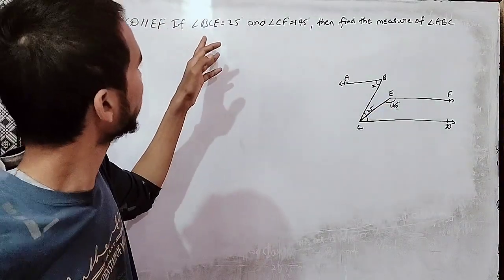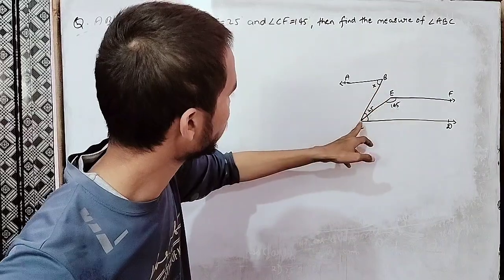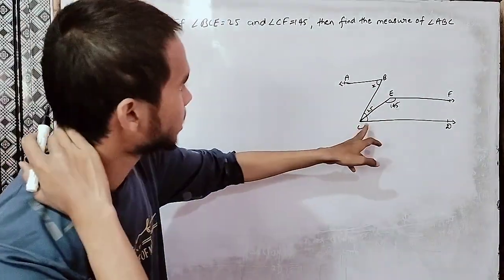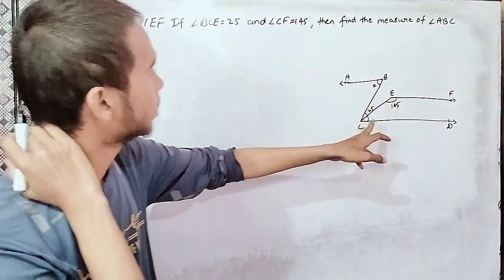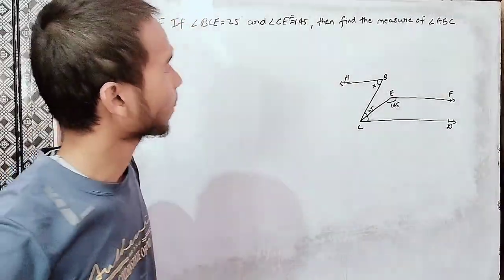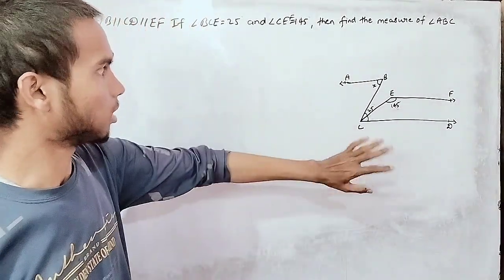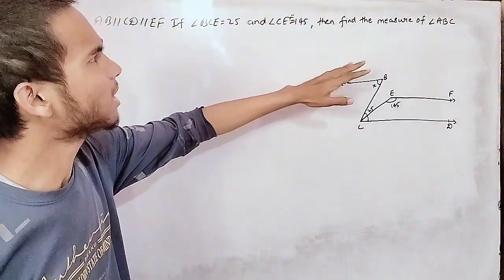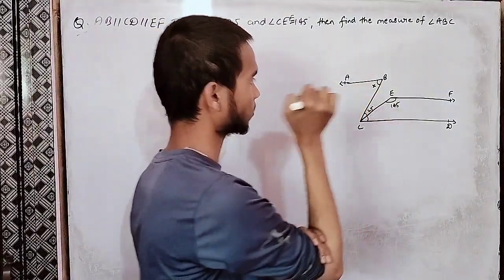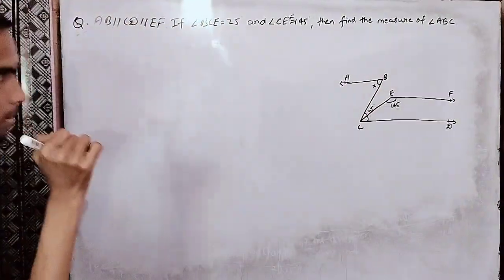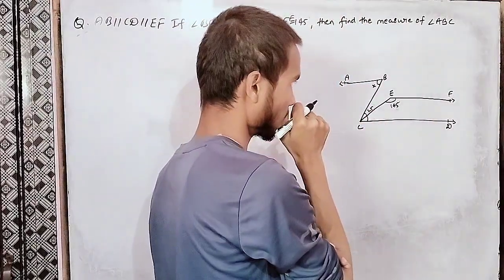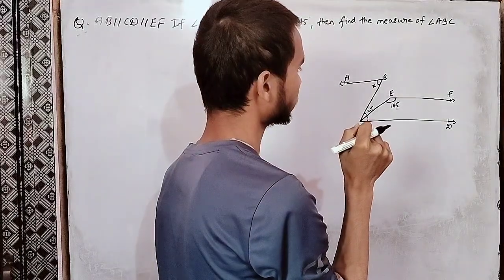If angle BCE is 25 and angle CEF is 145 degrees, then find the measure of angle ABC. Where is ABC? How can we solve?